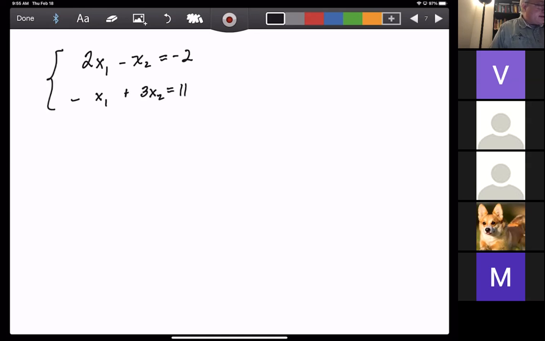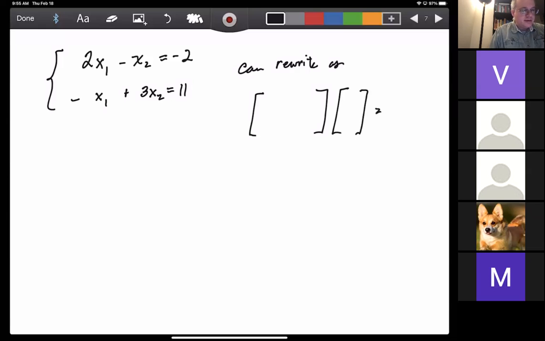And notice that we can rewrite this using our matrix and vector notation.